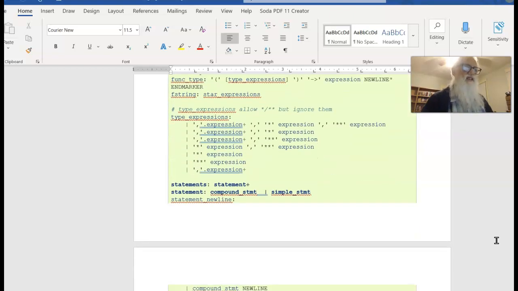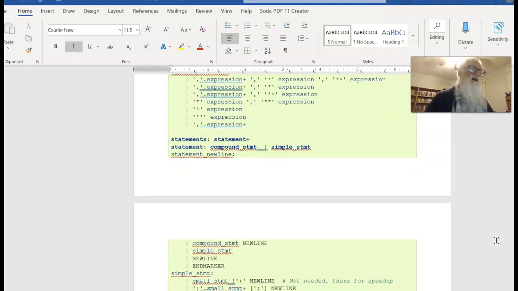I bolded 2 sections there. What that says is statements is replaced by statement as many times as you want. And a statement is either a compound statement or a simple statement. So those are very near the beginning.